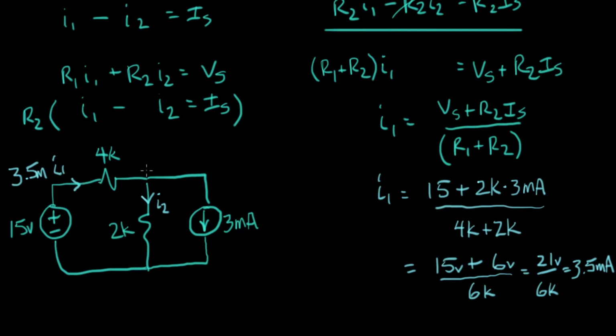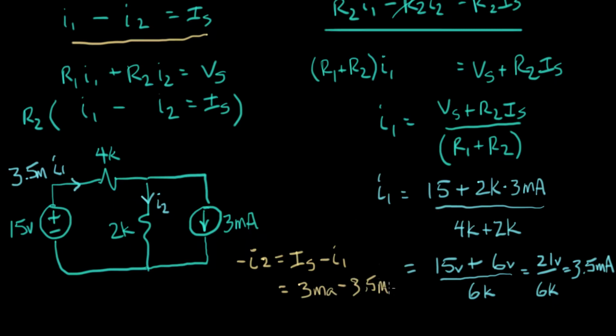So we have one of our unknown currents, and we want to find the other one. That's sitting right here. We can figure out I2. So minus I2 equals Is minus I1 equals 3 milliamps minus 3.5 milliamps equals minus 0.5.